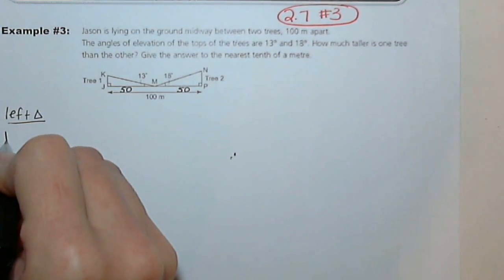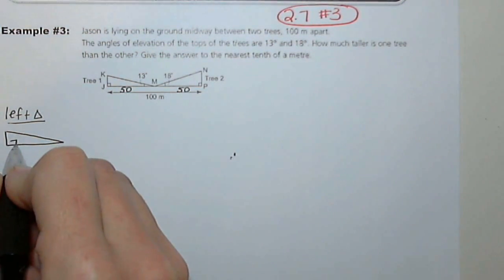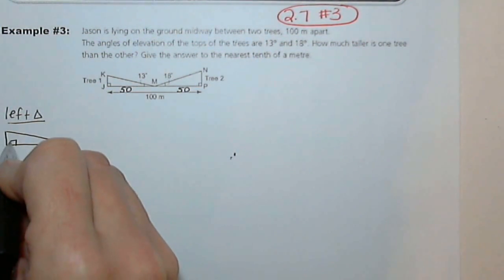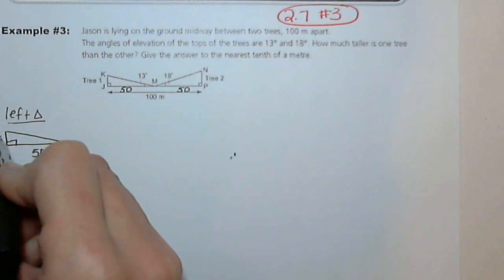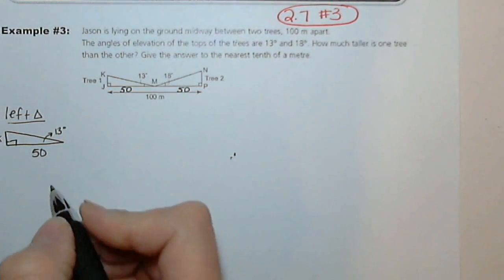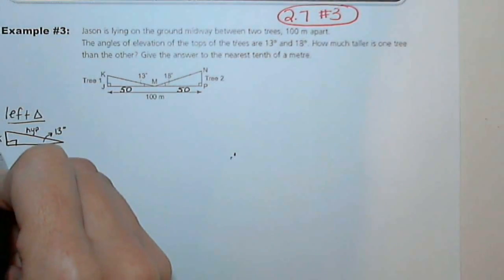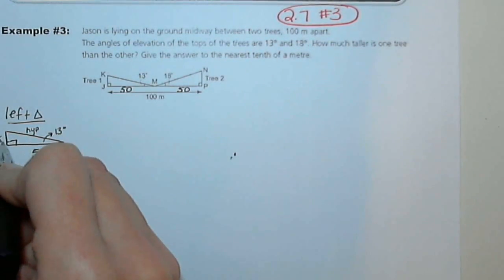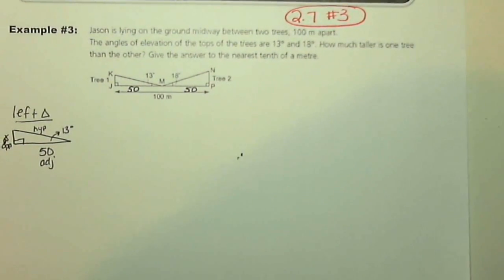In the left triangle, we have this being 50, this being x, and this angle right here being 13 degrees. Obviously, this is our hypotenuse. This is our opposite right here, and this is our adjacent.